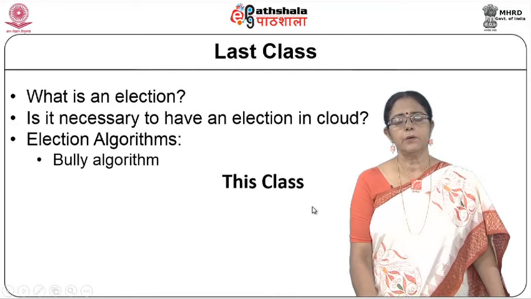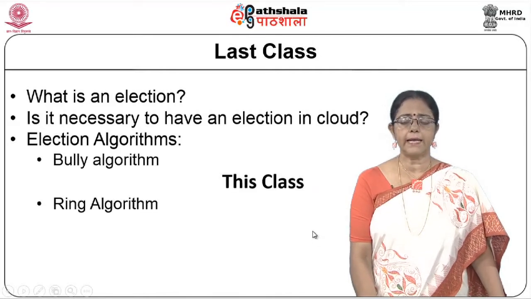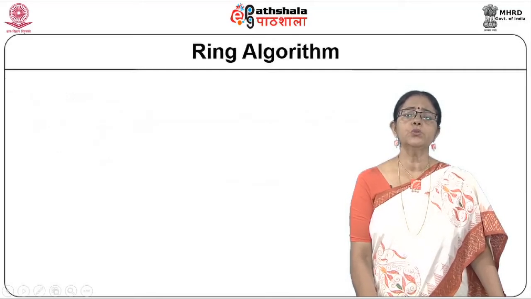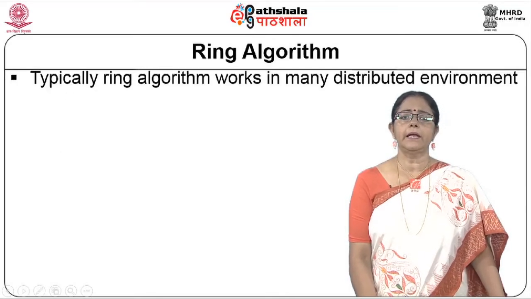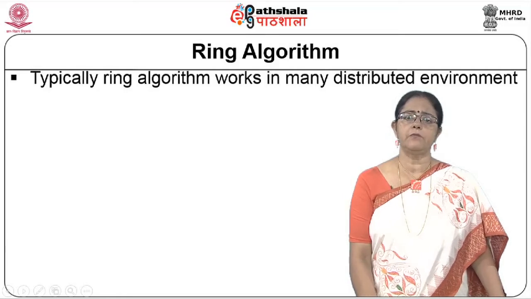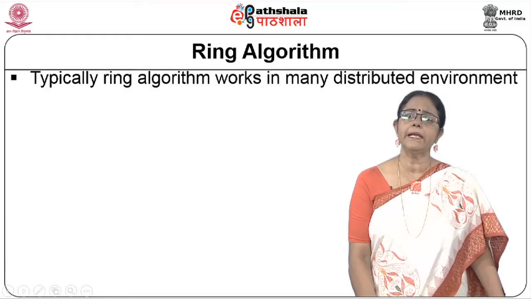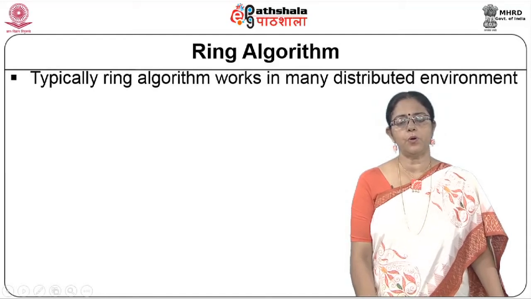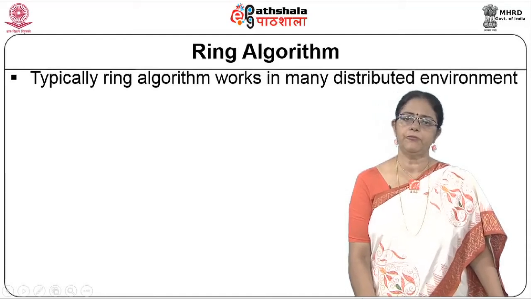In this class, we will look at a second election algorithm that is very popularly used, which is called the ring algorithm. So, typically any distributed environment consists of many nodes, and again typically these nodes are able to communicate with each other freely.